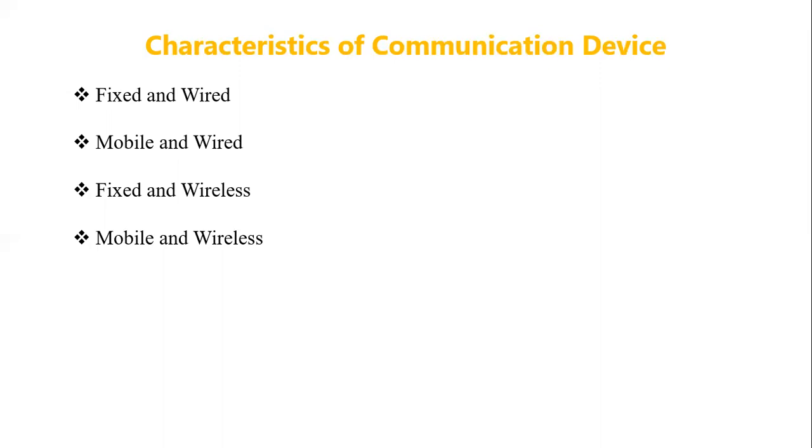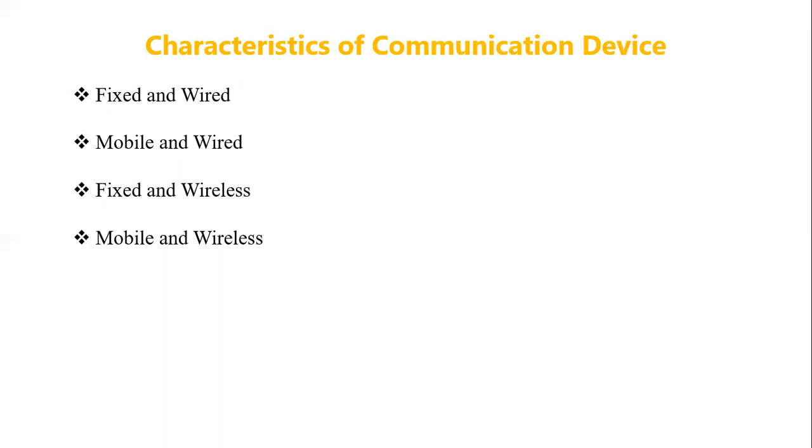So we need technology, but still we don't want to use wires, because wires are cumbersome, and you may have to break the walls and other things which you don't want to do. So in that case, the devices will be fixed, but the devices will communicate using wireless media.